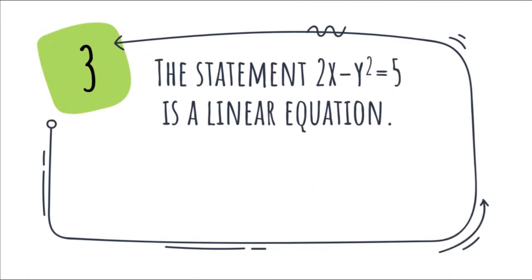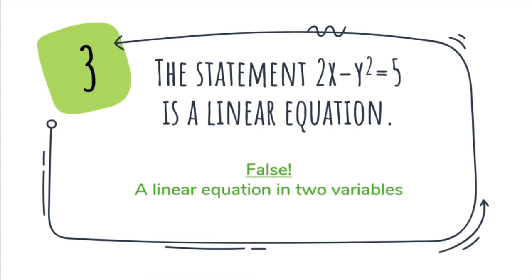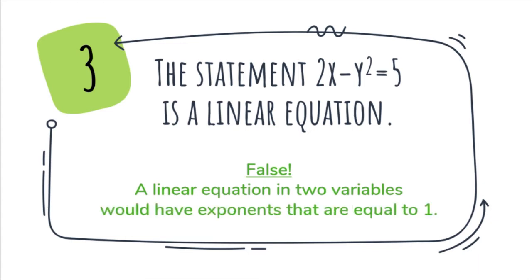Number 3. The statement 2x minus y squared equals 5 is a linear equation. The answer is false. A linear equation in two variables would have exponents that are equal to 1.